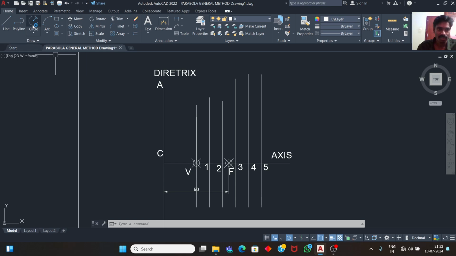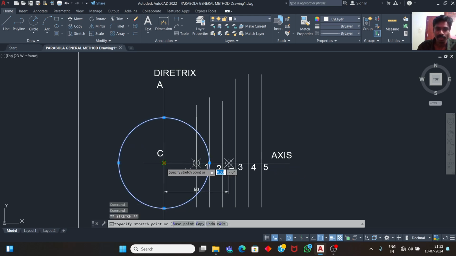Okay. First of all, take C as the center and C to 1 as the radius, draw a circle, and this circle we need to move to the focus point.